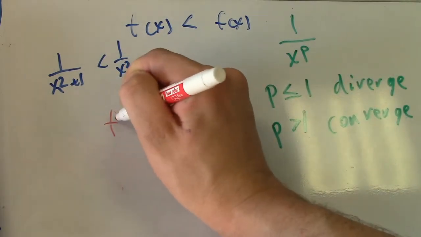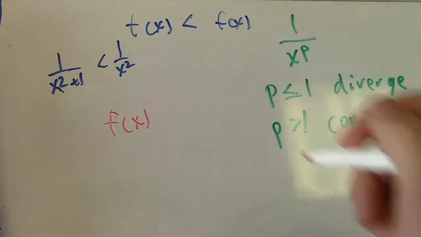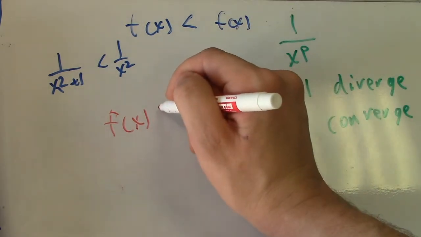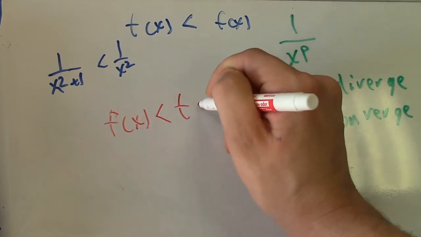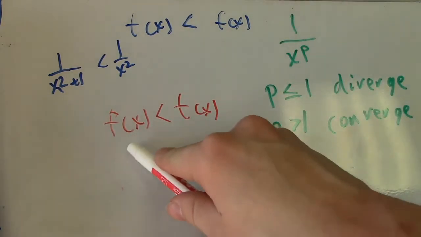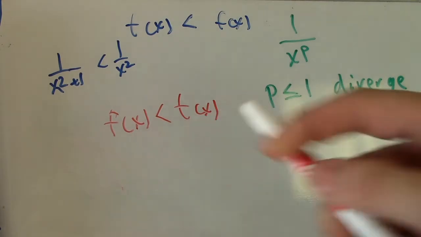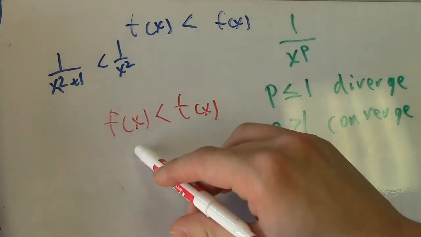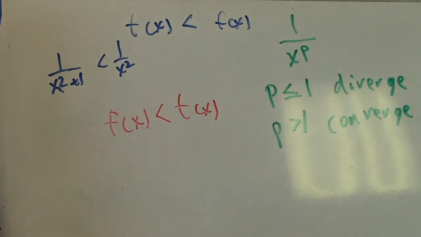So we need to show that f of x, which in this case is our known diverging function, is always smaller than our test function. So this way, if a known diverging function is smaller than a larger function, and if the smaller function diverges, then of course the larger function must diverge.